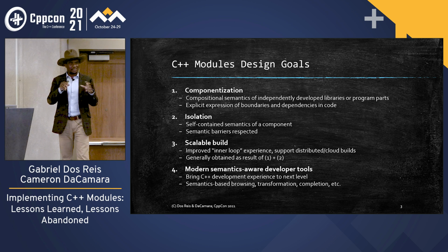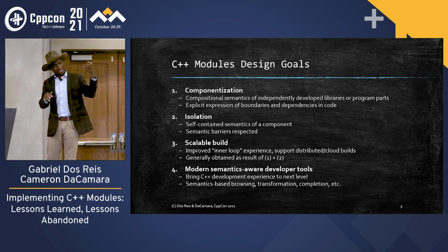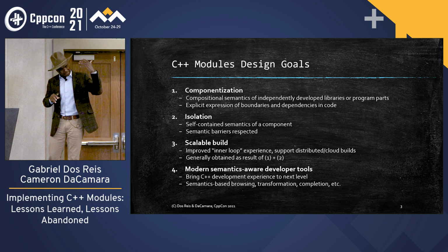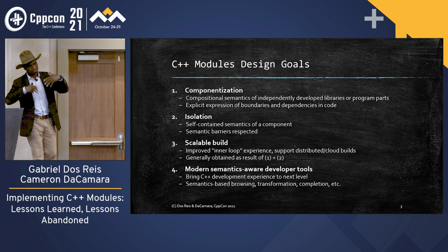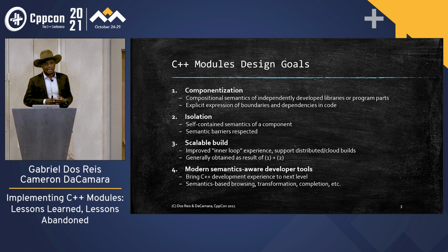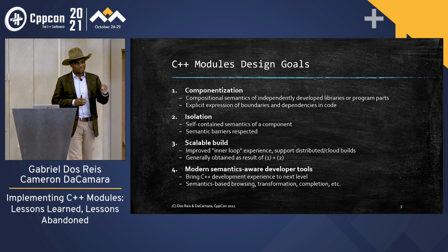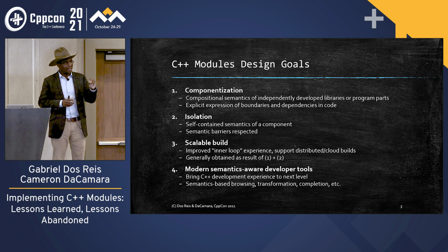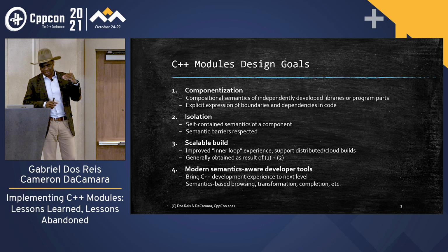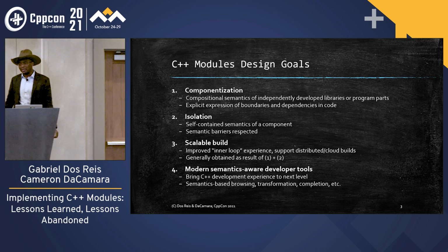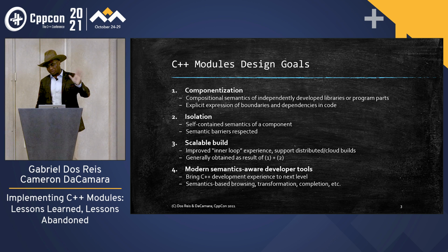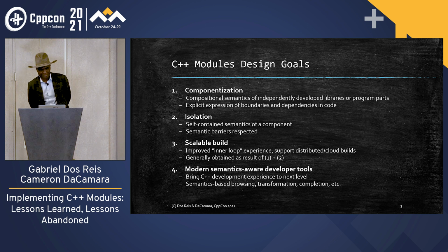You don't always need a C# compiler, you just need to have a representation of the semantics of a program and then build a bunch of stuff from there. Modules are a tooling opportunity, as I said back in 2017, and we're making that a reality. So with modules, I wanted to bring C++ to the 21st century, where we have all these semantics-aware developer tools.